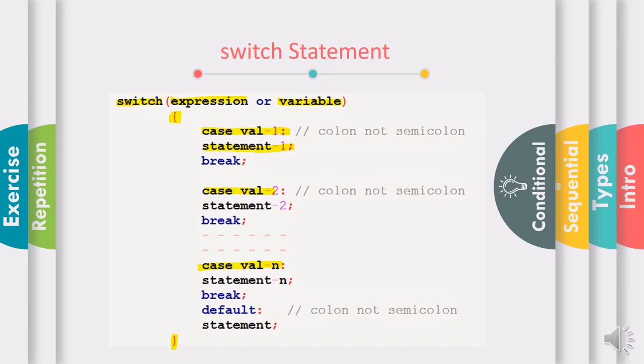When we close a case, we use the break statement with a semicolon. How will it work? You will understand it with the help of an example in the upcoming slides.